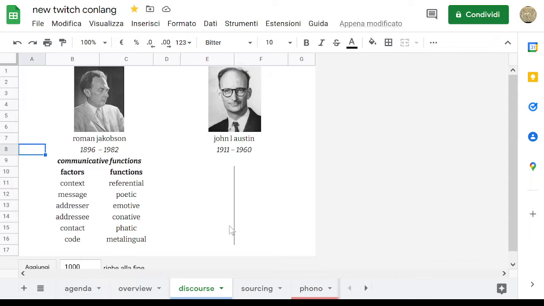So, I just want to talk about two different models that exist to think about speech acts, and they're not conflicting models per se, they're just a bit different.